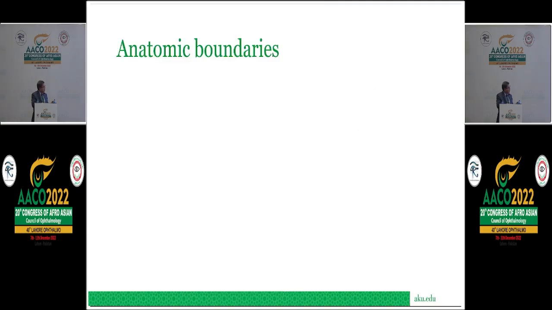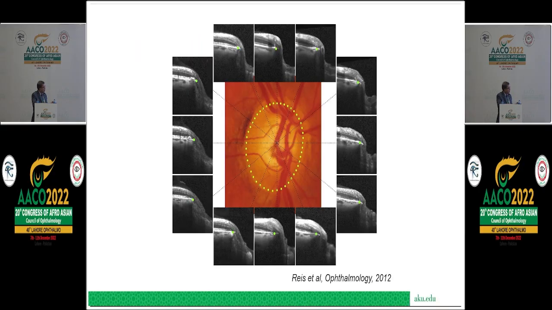OCT can also be good for looking at the boundaries of the scleral lip. Sometimes when we're examining tilted discs or discs with peripapillary atrophy, you're wondering, like, where is the edge of that disc so I can look at the neuroretinal rim. So what it does is it can actually draw the boundary by looking at the edge of Bruch's membrane, okay?